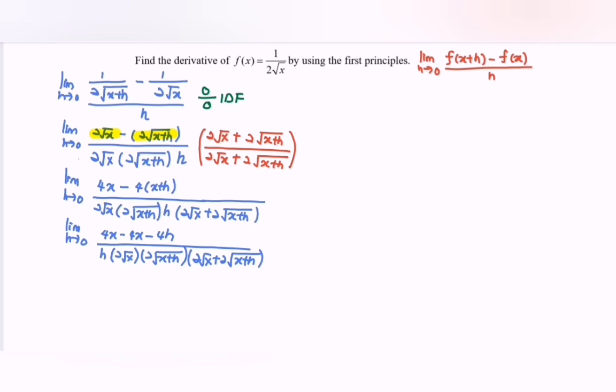So notice that we can simplify the h, then we can simplify this part. So rewrite the situation again. Limit as h approaches 0, we have negative 4 over. So from here we can substitute. If we substitute in here, we have 0. If we substitute here, we have 0. So the situation will be negative 4 over.